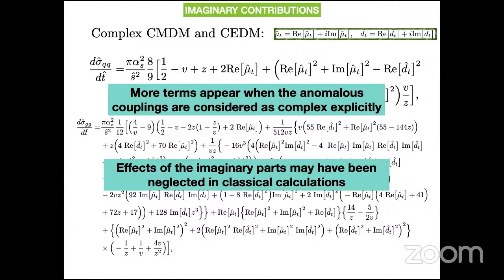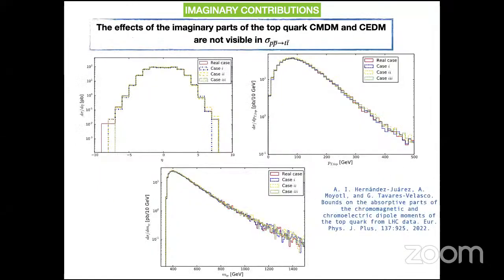Again, these imaginary parts could be very relevant. We studied some kinematical distributions for the top pair production at the LHC, and I didn't find any relevant result. We considered different cases for the imaginary parts, but they look very similar to the case where we only consider the anomalous couplings as real. So it looks a little sad, but this is not the end of the story.